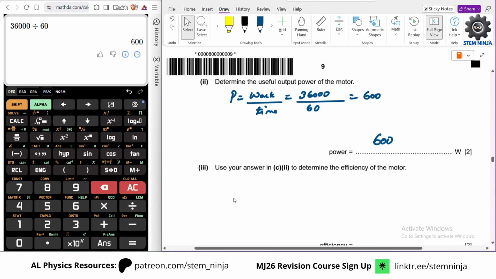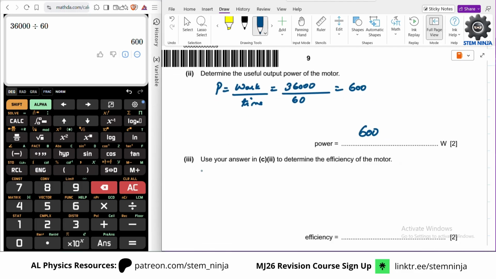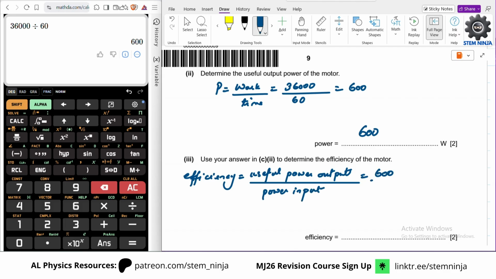Use your answer in C2 to determine the efficiency of the motor. So the formula for efficiency we are familiar with, that it's the useful power output over total power input. So power output is 600, power input is 900.